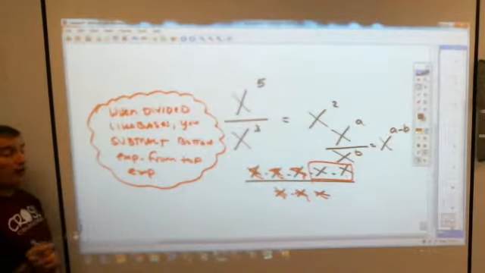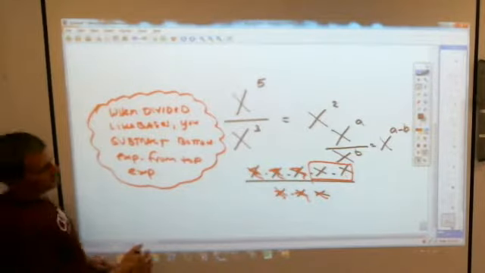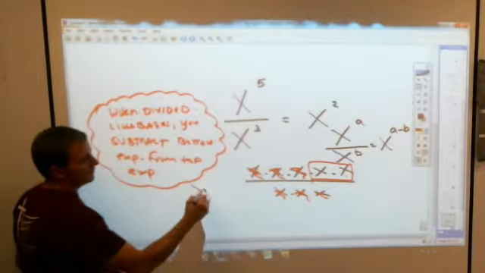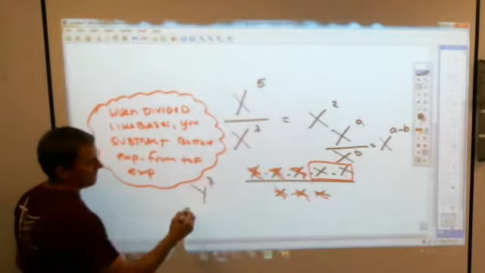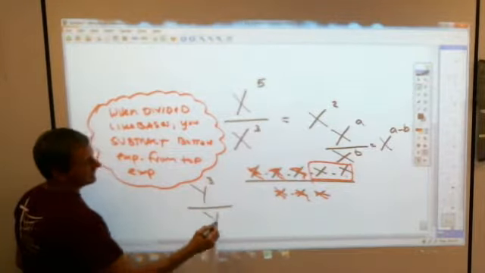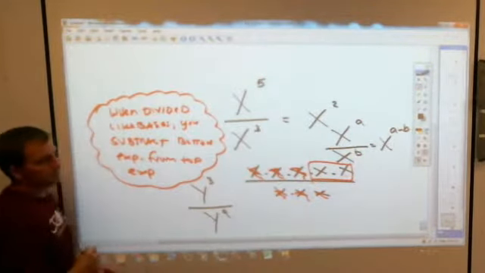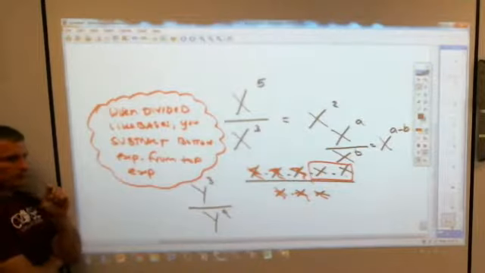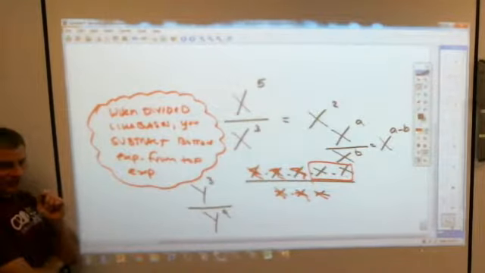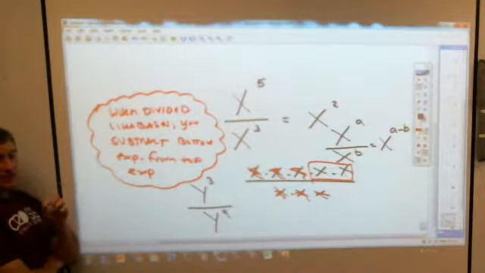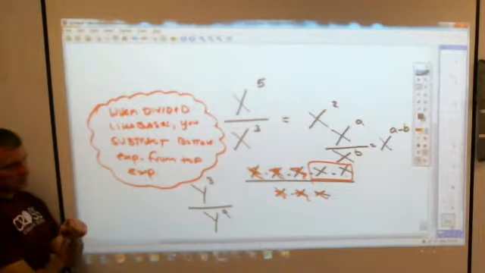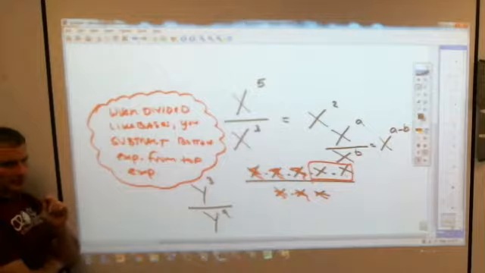Now I don't want to scare you off with this, but what would happen if it was this? Let's change x's, let's put y. What if it was y to the 3rd power over y to the 9th power? Do we know what the answer to that would be? Follow the rule. A minus B, what's A minus B? You are seventh graders now.